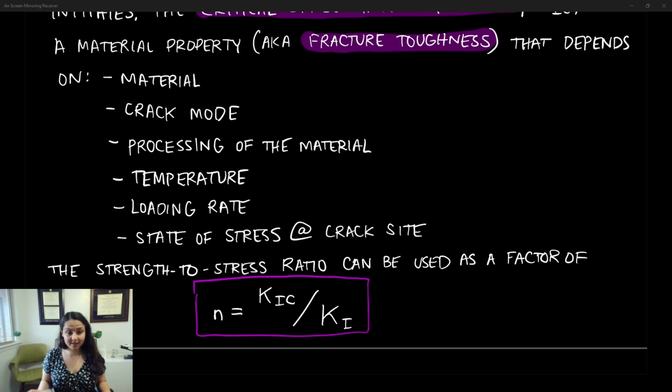Okay, and this is analogous to other safety factors that we've seen, right? We're taking our material property and our upper limit of what our material can withstand, dividing it by our particular stress state, our particular scenario, to see how close we are to that upper limit.